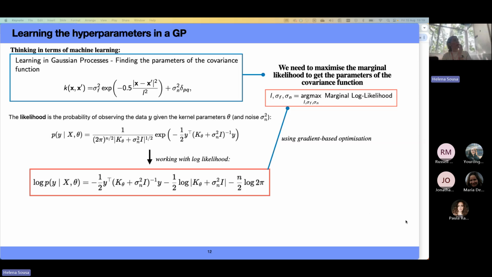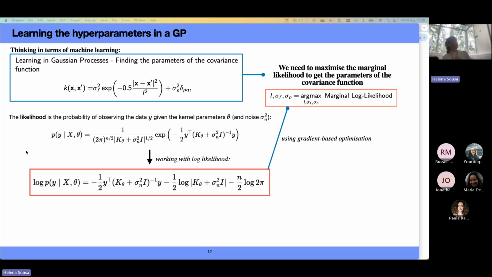Now just a little note in terms of how we think of this in machine learning and computationally. We are interested in finding the parameters of our covariance function. For this, we need to maximize the marginal likelihood to get these parameters of the covariance function we chose.